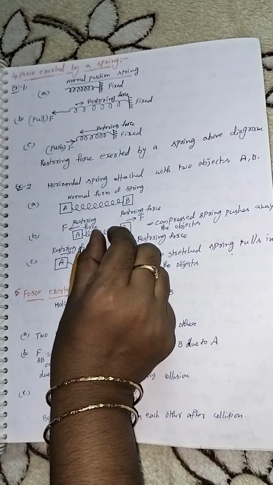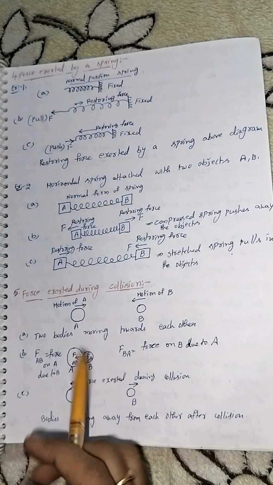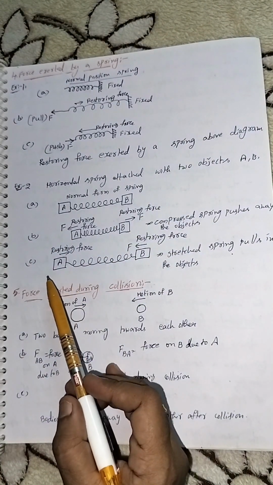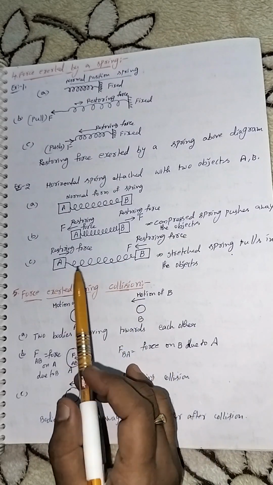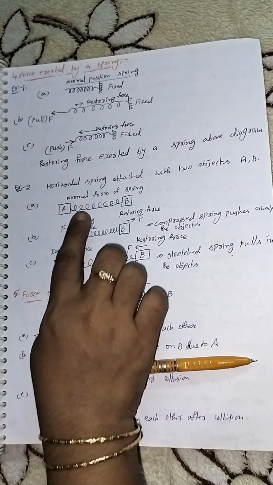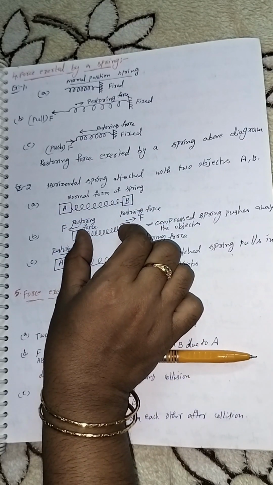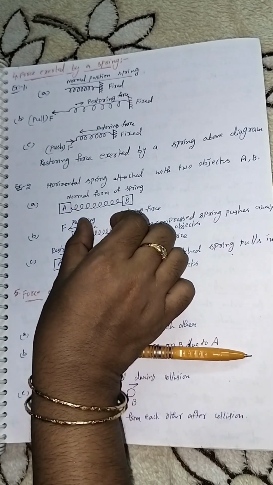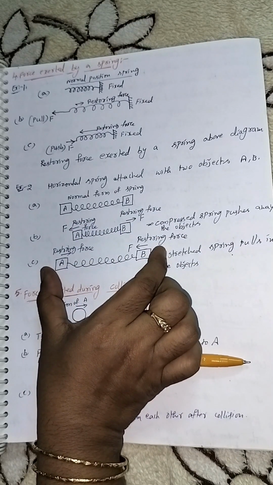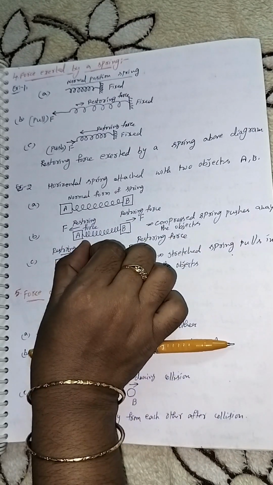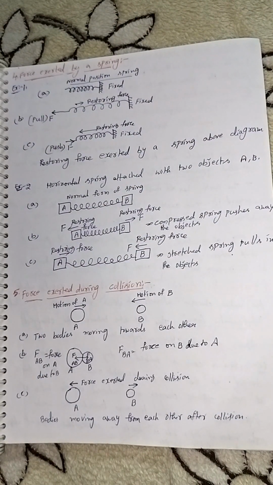Compressed means the spring is pushed inward, and the forces act outward. Next, if we stretch the spring, it pulls the object. If we stretch this spring, the forces are inward. So the forces are in the opposite direction.